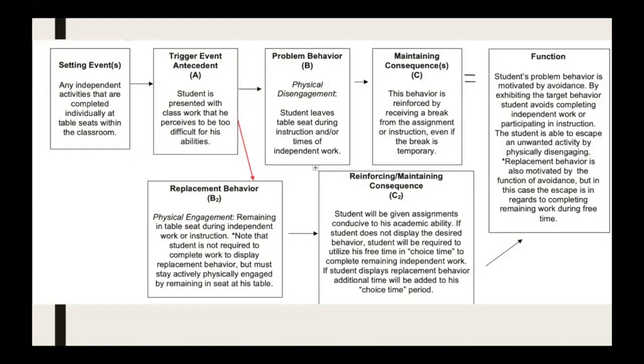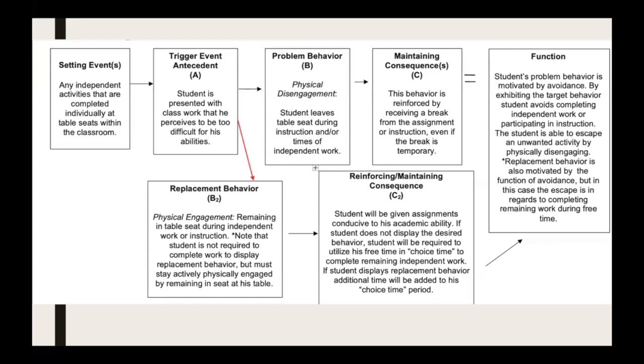There's an example of it. Being presented with classwork that he perceives to be too difficult has led to the student just getting up and leaving the table in the past. But we are going to promote this new behavior, the replacement behavior, B2, where the student will remain at the seat. Doesn't have to do the work, just has to remain in the seat.